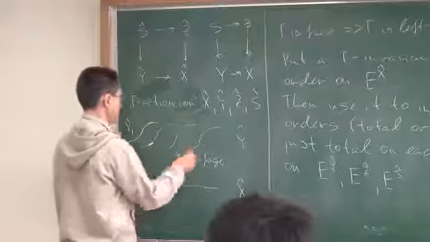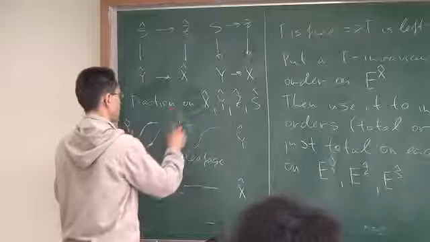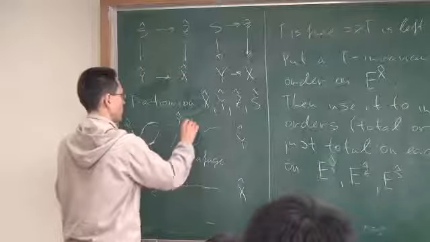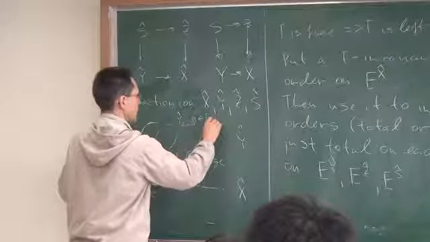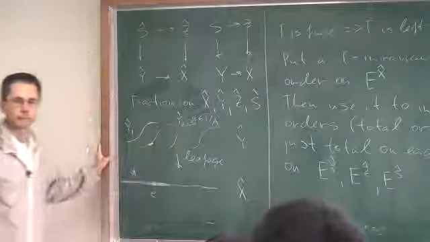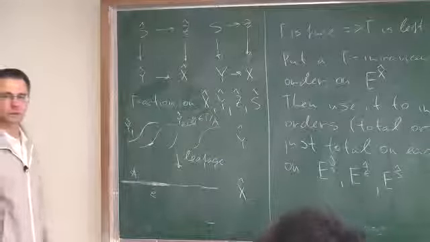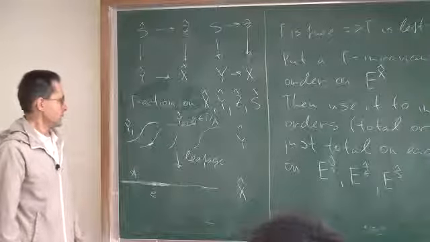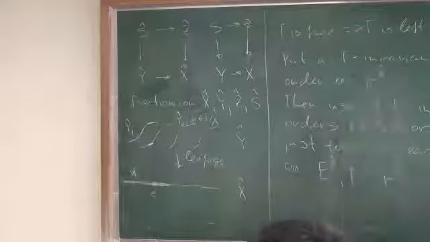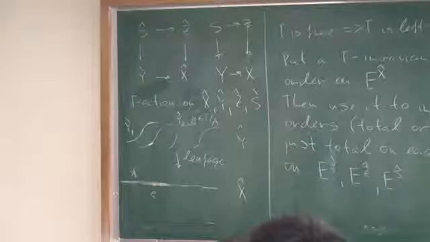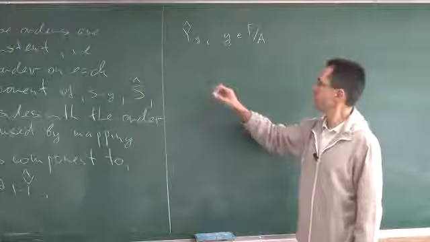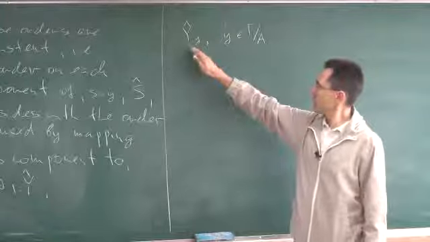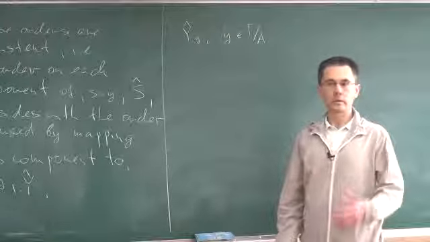More generally, the general component I could call Y hat sub y, where y is a left coset of A in gamma. So those components are labeled by left cosets. The components of Y hat: y belongs to gamma over A. You pick a left coset, and corresponding to that left coset there is a component of Y hat.